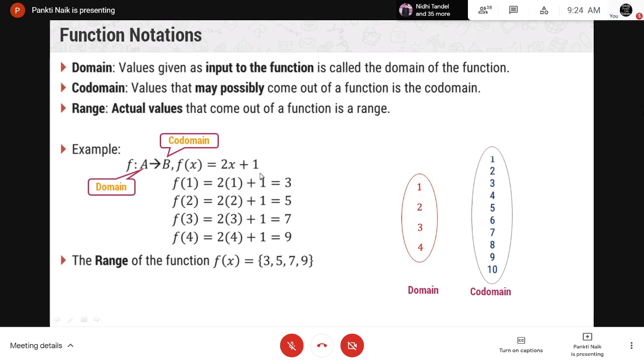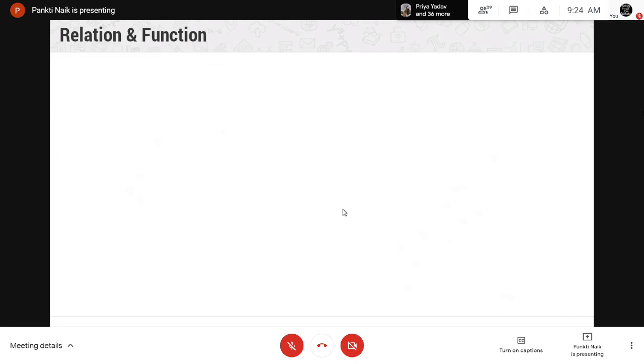So up to where can our value come? Between 1 to 10. So that becomes the codomain. So for domain 1, the value will be 3. For domain 2, the value will be 5. Domain 3, the value will be 7. Domain 4, the value will be 9. So this will become the range of the function f(x).